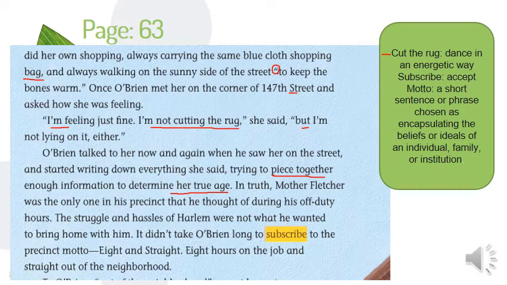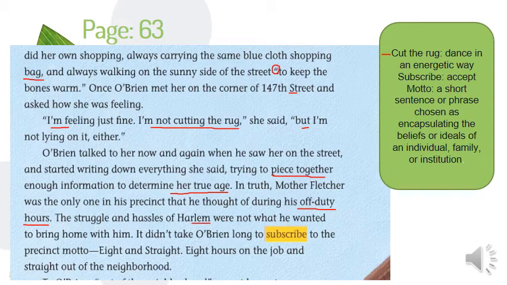In truth, Mother Fletcher was the only one in his precinct that he thought of during his off-duty. Look here, off-duty hours means when he was not on duty, when he was not on his post or his job, she was the only one whom he was thinking of. The struggle and the hassles of Harlem.